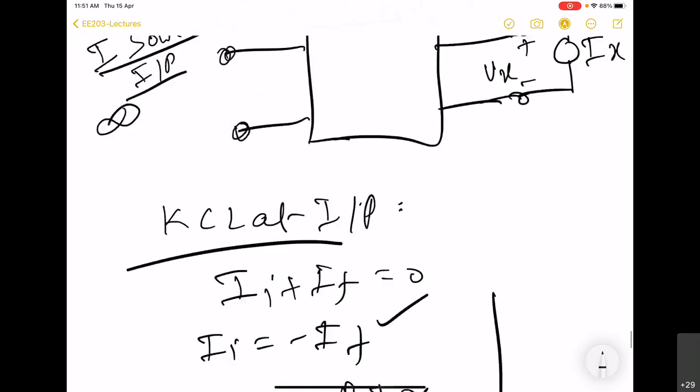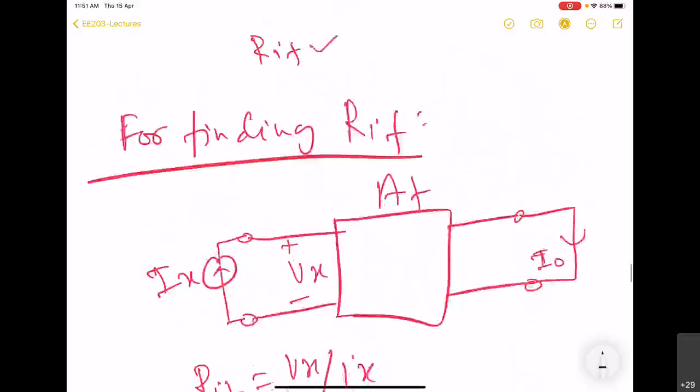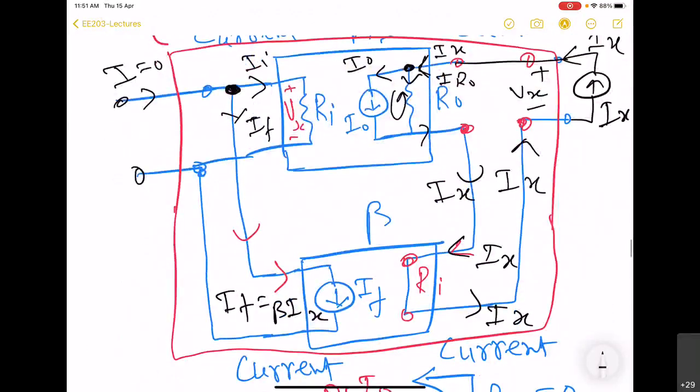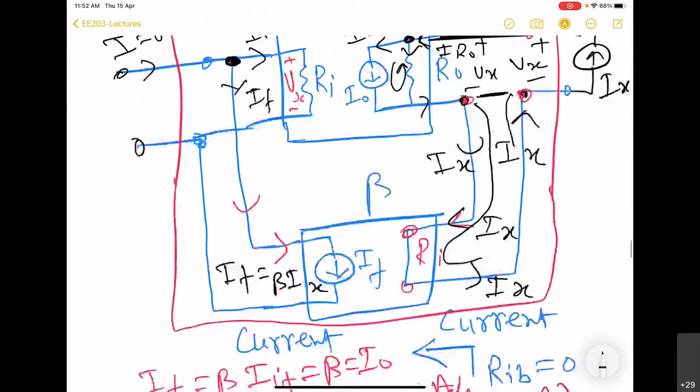So voltage across RO is going to be Vx, because here you can see that this terminal is short circuited. So this voltage is same as this voltage. These two nodes, they are already short circuited, but because of beta network, these two nodes, they are also short circuited.